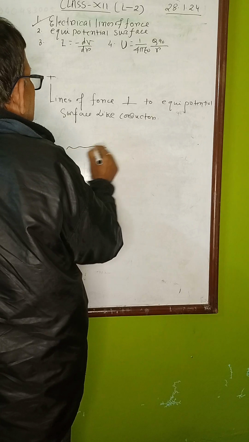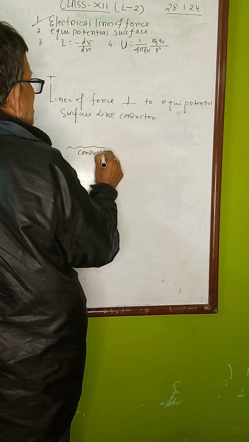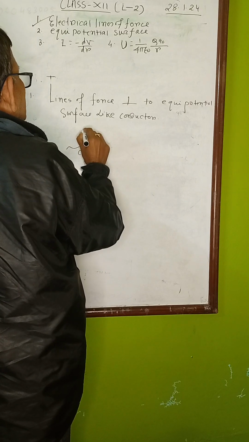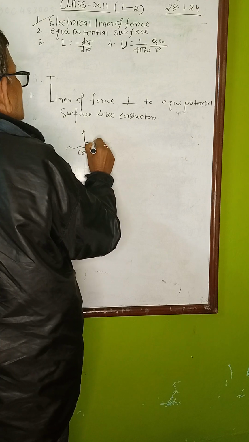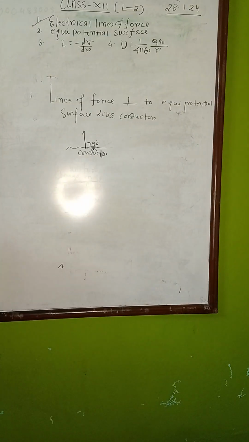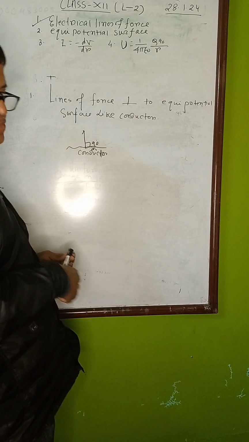Now this is the conductor. The lines of force will be perpendicular, the angle is 90 degrees. So lines of force are perpendicular to an equipotential surface like a conductor.